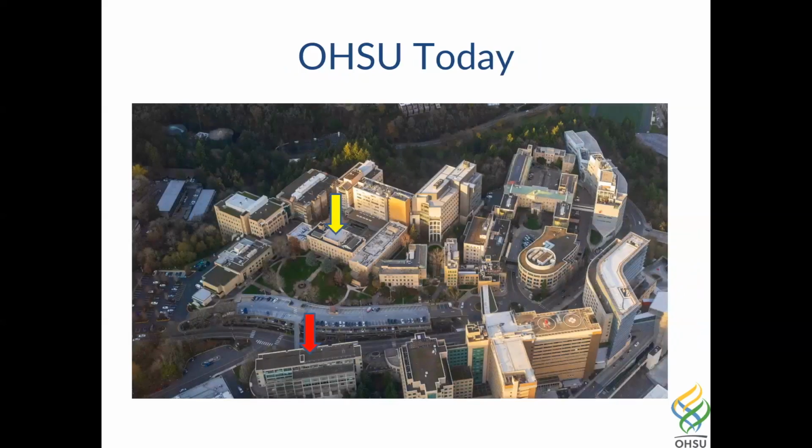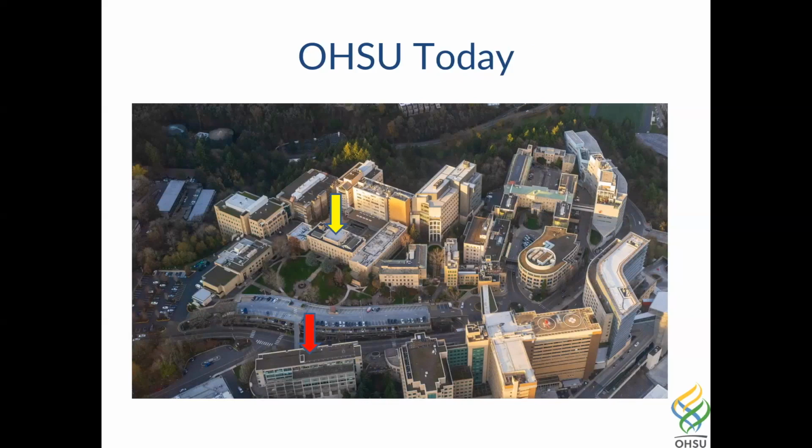So this is a picture of OHSU as it is now. This is the main campus on Markham Hill. There are also two other campuses on the right. There's this large campus down on the waterfront near the Willamette River that Dr. Hersh mentioned, which has our main medical school building, additional clinical buildings, and also our main research building for the Knight Cancer Institute.